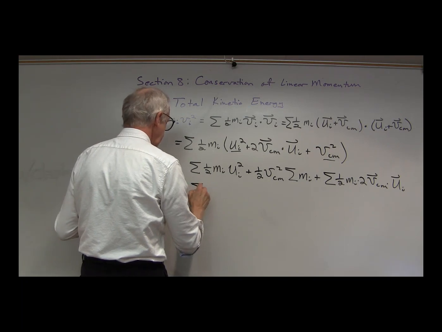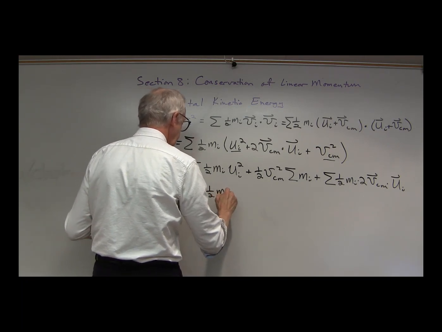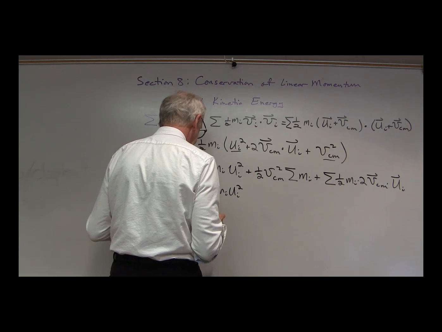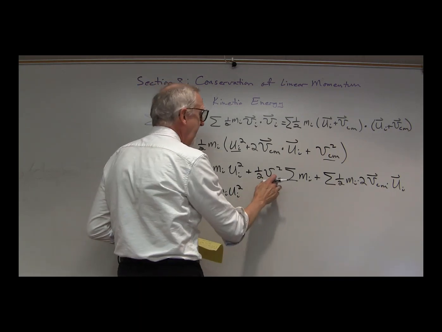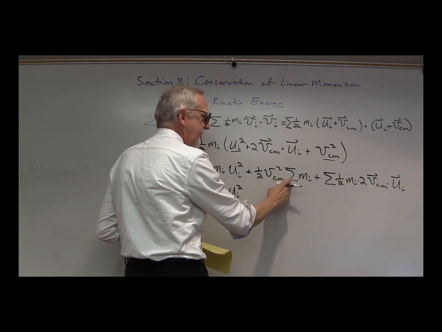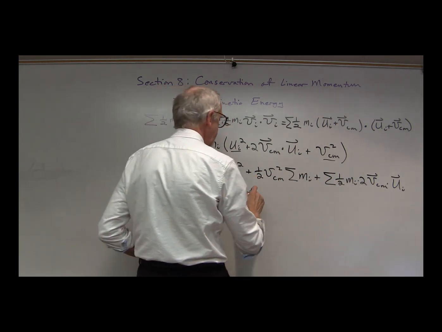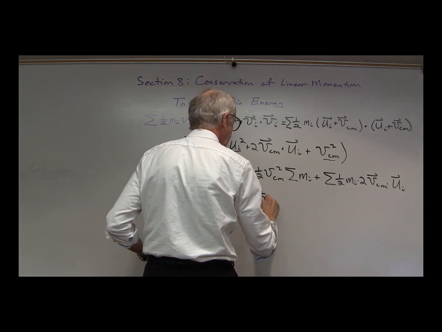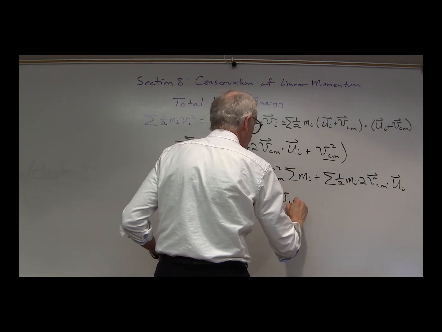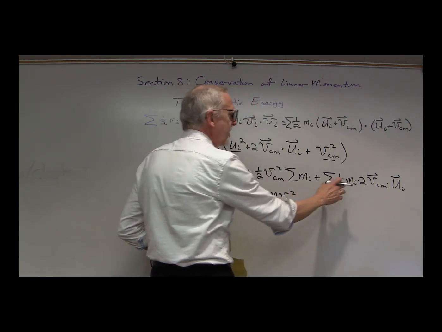I'm going to just leave that the way it is for now. All right, now what's this? Well, the sum is just over m_i. Sum of m_i, that's just the total mass. So this is plus 1/2 total mass, v_cm squared.